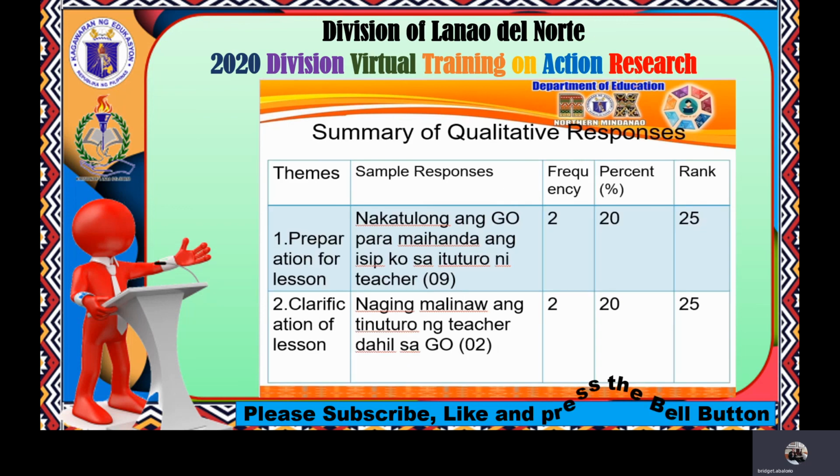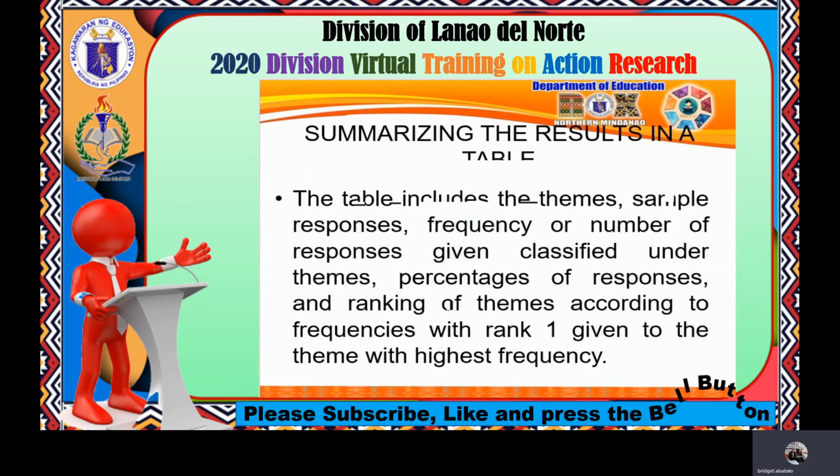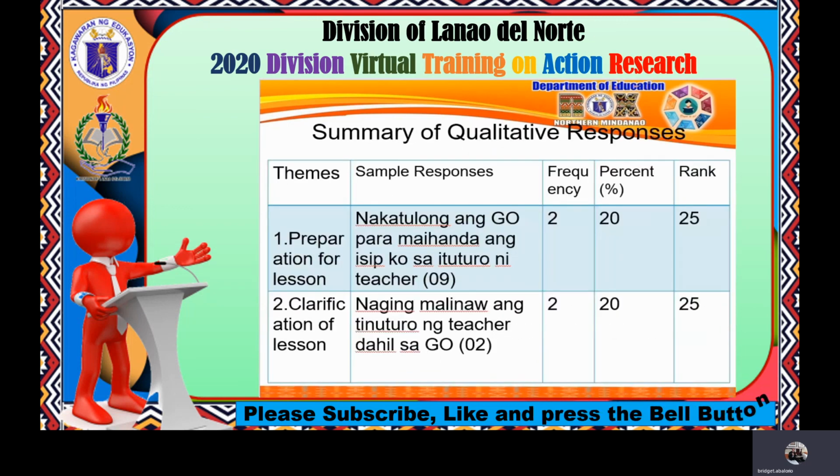We will now have an example on how to summarize qualitative responses. So we have 5 columns in one table. In the first column, we could have the themes or the category. In the second column, we have the sample responses from the respondents. In the third column, we have the frequency. We say frequency, how many students answered the same way. And then the percentage.